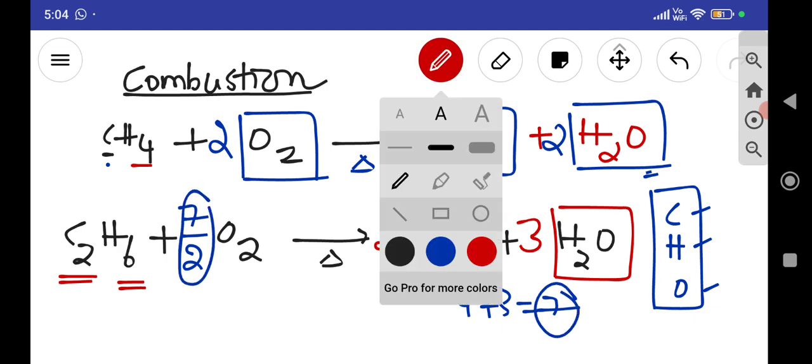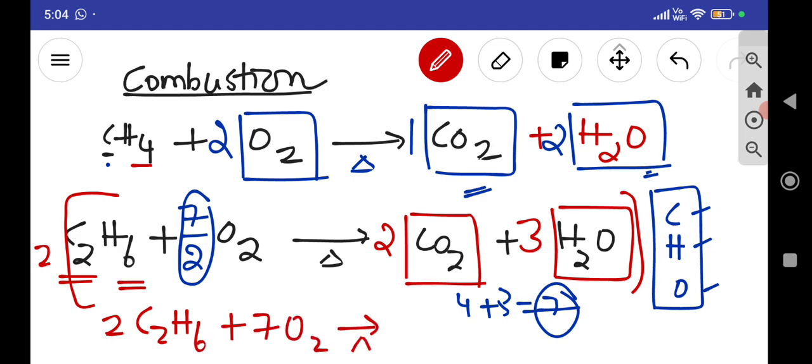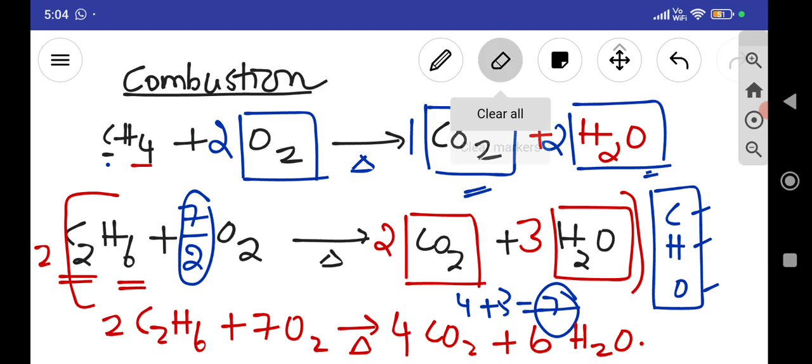If you want to complete this reaction, the whole reaction must be multiplied by 2. Then what we get? 2C2H6 plus 7O2 on heating gives 4CO2 plus 6H2O. In this way, you can balance the combustion. Okay, hope everybody understood this.